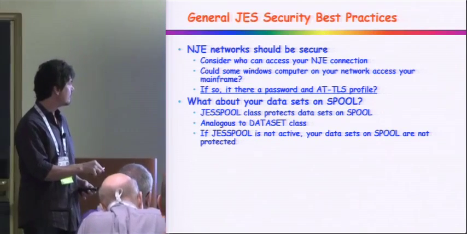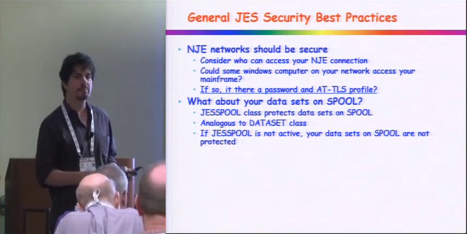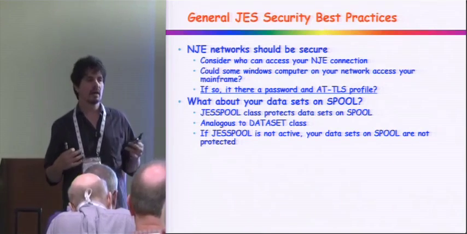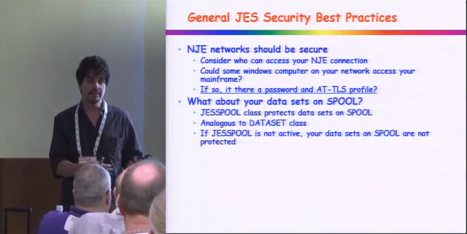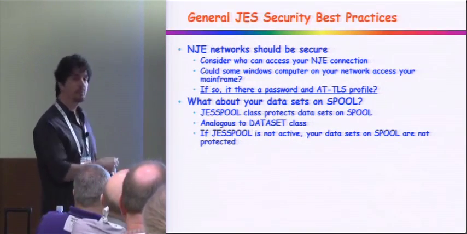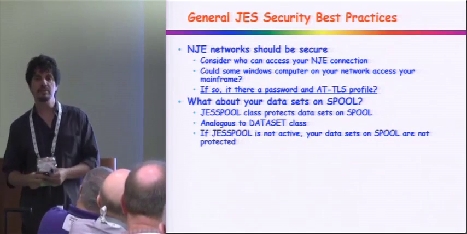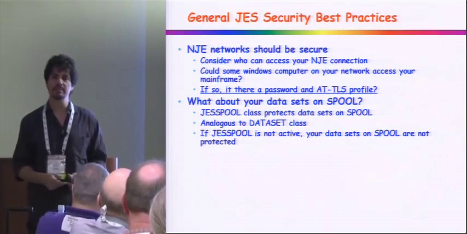So if you do not have JES spool active, then these spool data sets are not protected. So anyone who can use an unauthorized SSI type service to get out a spool data set without JES spool protection would then be able to read that spool data set. So it's important to have JES spool active in your shops.